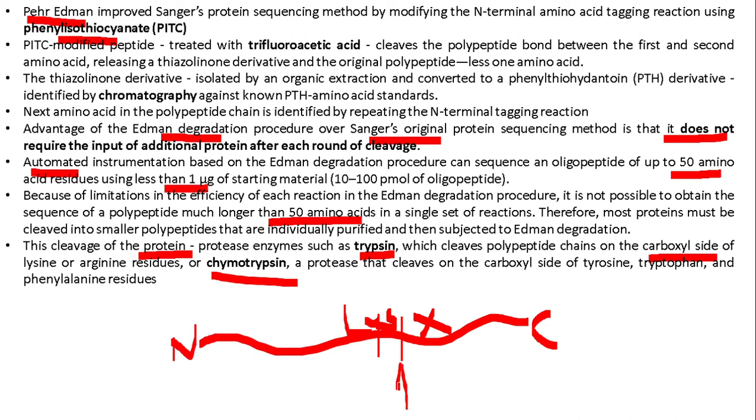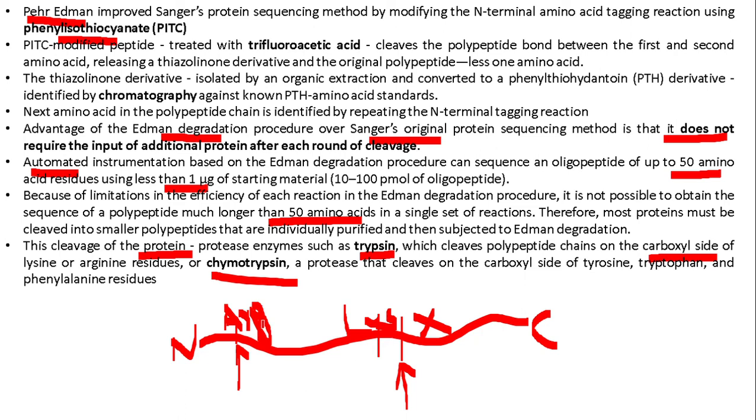It will break the polypeptide chain at this point, on the carboxyl side of lysine. On the other hand, if there is an arginine present here, then trypsin will also break this polypeptide chain on the carboxyl side of arginine. Arginine is ARG.